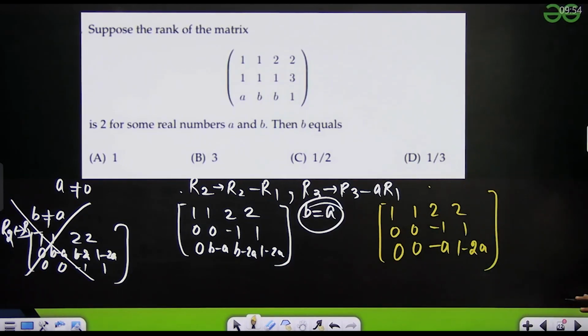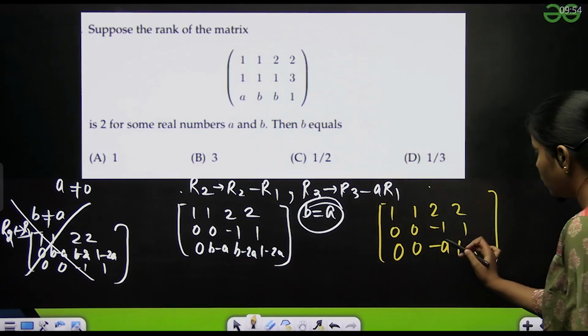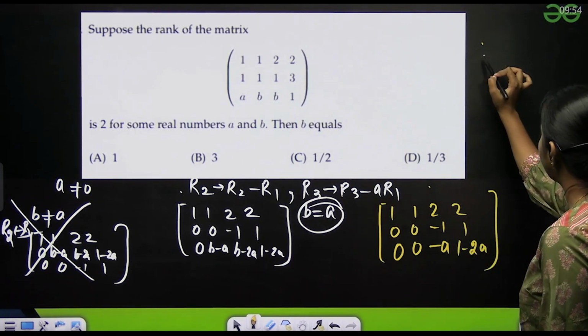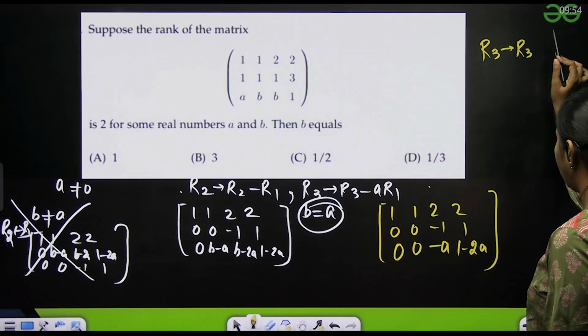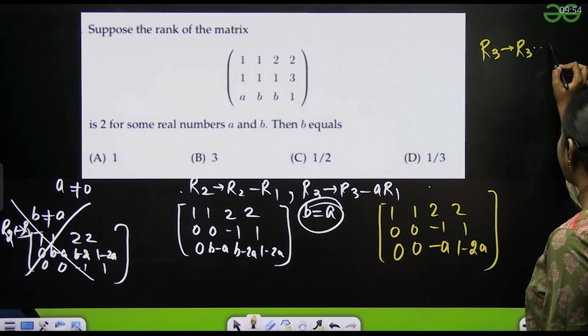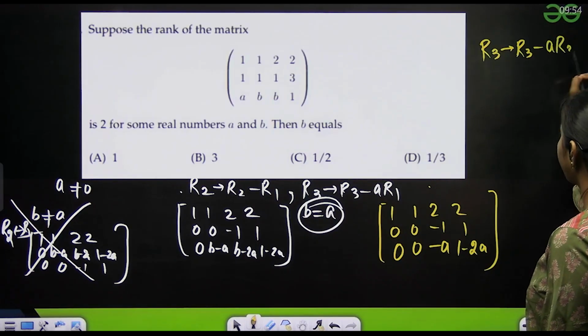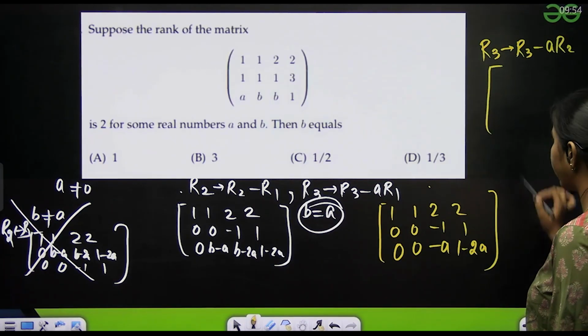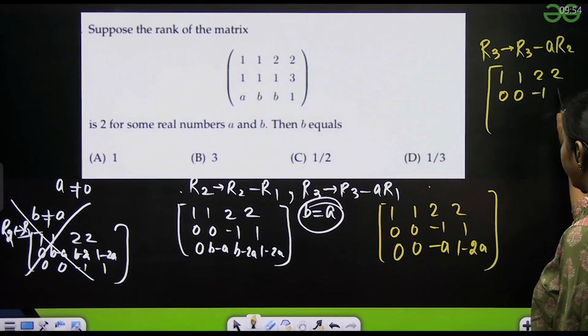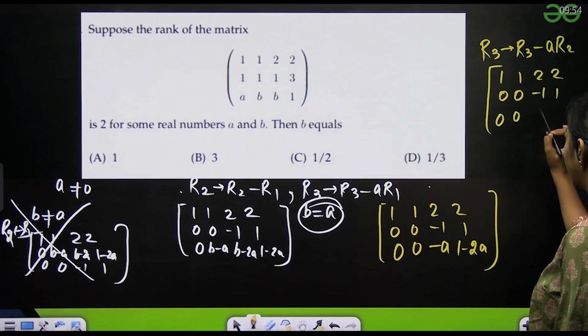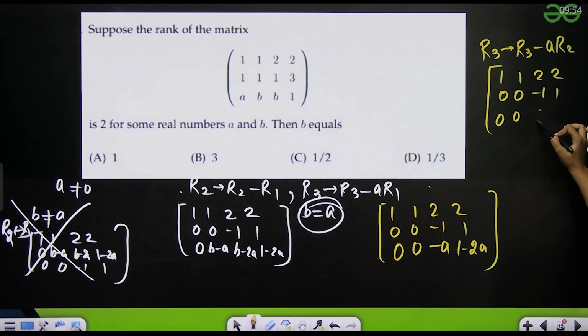First of all I have to make this value 0. I can apply the operation R3 tends to R3 minus A R2. What would I get? 1 1 2 2, 0 0 minus 1 1, 0 0 minus A plus A, that would be 0, 1 minus 3A.